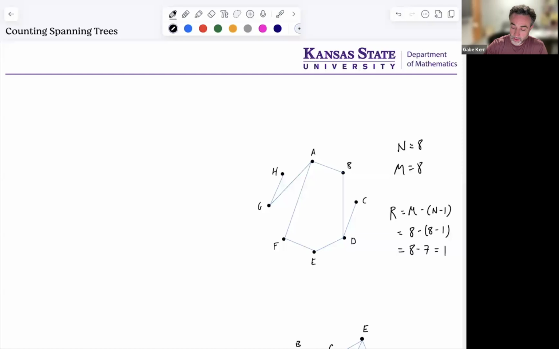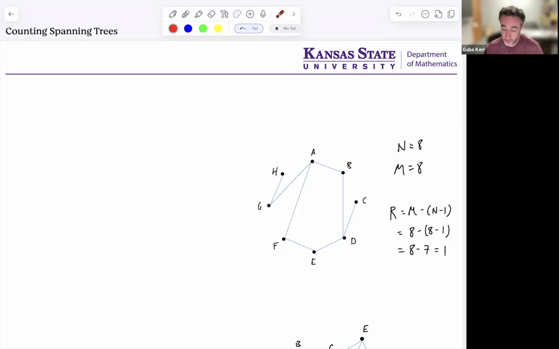Now, how are we going to find spanning trees? There are a lot of different ways to do it, and we talked a little bit in a previous video about one way, which is just start trying to connect edges. But I'm going to give a different way in this video. If I have a spanning tree, I know it must be a tree.